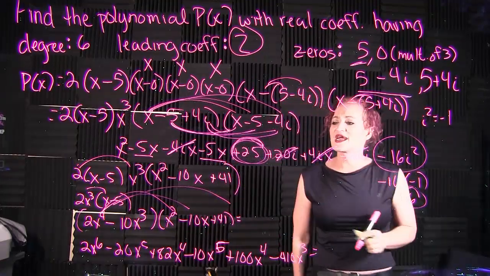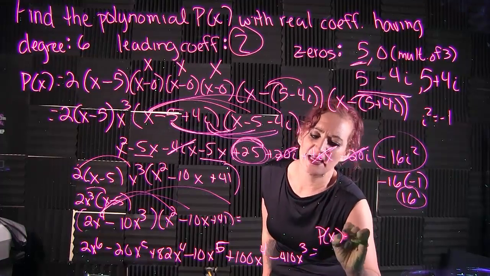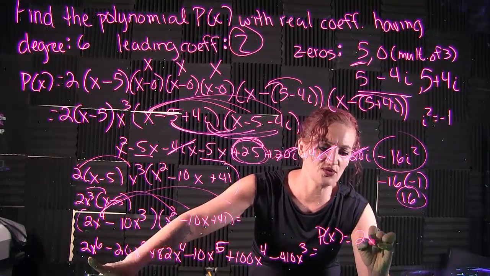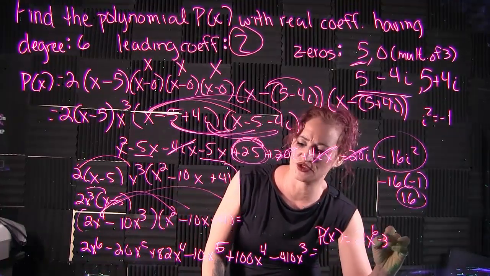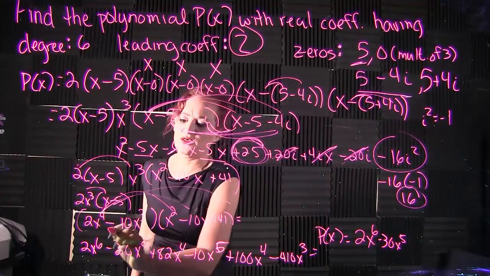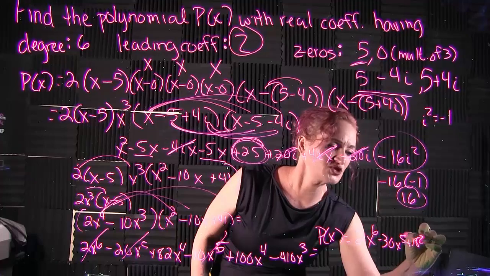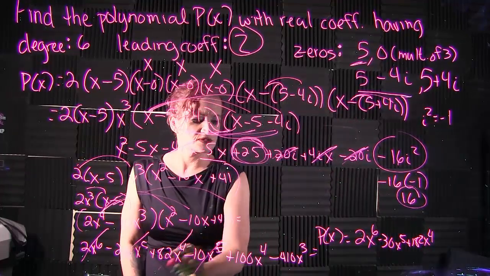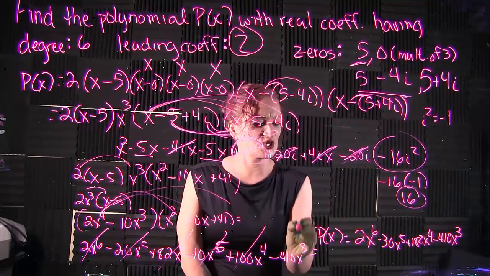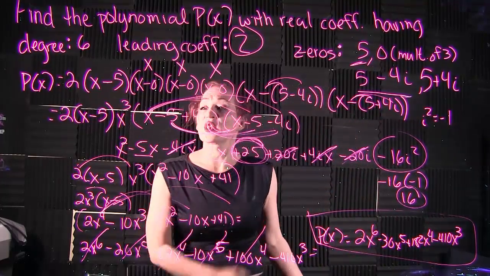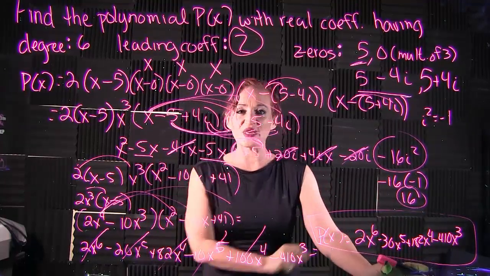When we combine like terms here, our p of x is equal to 2x to the 6th, minus 30x to the 5th, plus 182x to the 4th, minus 410x cubed. So a lot of algebra, a lot of simplifying, but this is what our polynomial equation turns out to be.